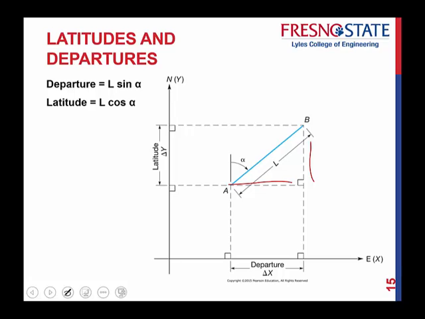We call them cardinal directions because they go right along parallel to the x-axis or parallel to the y-axis. So you have L, that's the length from A to B in this instance, as you see here. It's the length between any two points that you're trying to do. Alpha is the azimuth. You see where alpha is measured from right here?